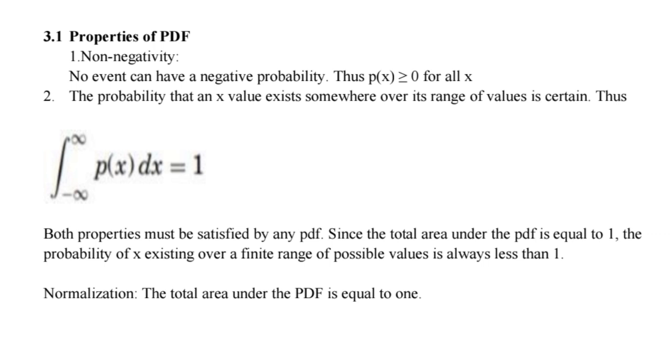That is the condition you have to remember. Any continuous range of variables we can take, but the integral of p(x) dx must be equal to 1. Both properties must be satisfied by any PDF. Since the total area under the PDF is equal to 1, the probability of x existing over a finite range of possible values is less than 1.